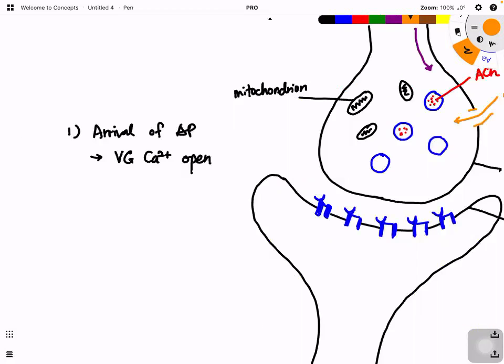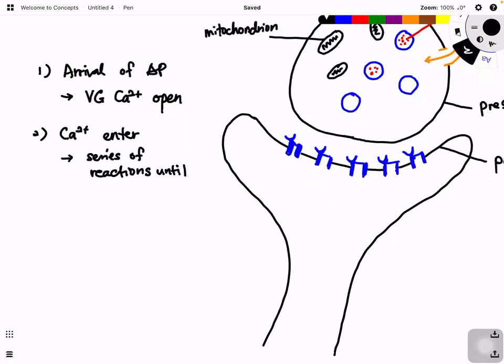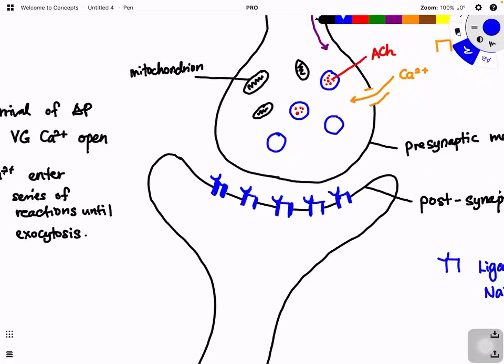The rapid influx of calcium ions causes a series of reactions until exocytosis takes place. The vesicle that contains acetylcholine moves towards the cell membrane, fuses with it, and releases the neurotransmitter by exocytosis.